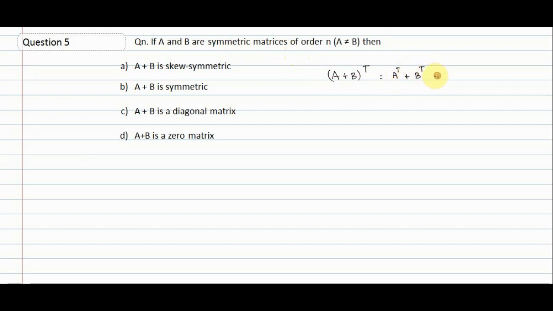So A transpose can be written as A. Similarly, if B is a symmetric matrix, then B transpose will be equal to B. So B transpose can be replaced with B. So from this, we may say that A plus B whole transpose is equal to A plus B, and therefore A plus B is symmetric. So here option B, that is A plus B is symmetric, is the right answer.